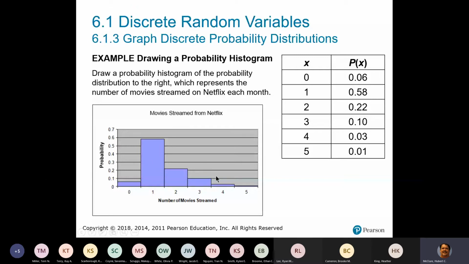Make sure you can graph it, or I just tell students, just look at it. It's low, and it goes up, and it comes down, and it levels out. So if the middle is right in here, y'all know that 2.5 is the middle. Then a lot of it's on the left side, so that'd be skewed right.